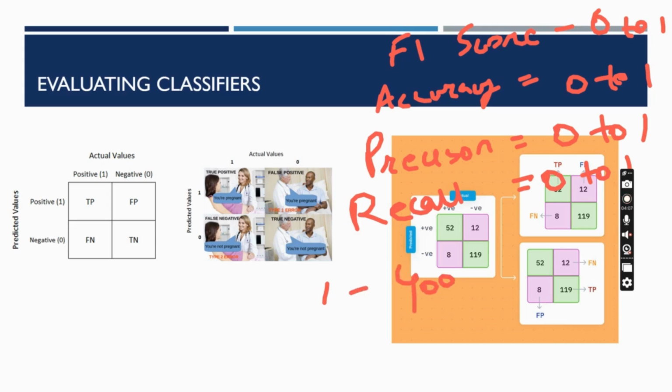Remember, 1 is good and 0 is bad for a machine learning model. The model which will have all of these measures as 1 will be the best, and always we prefer to have the F1 score as the performance measure for deciding the quality of the machine learning model. So that was it about evaluating classifiers.